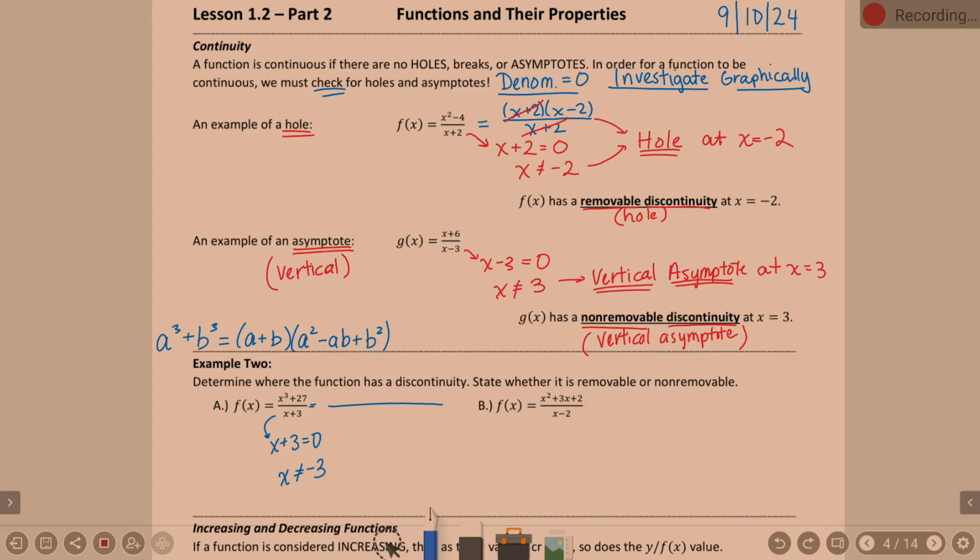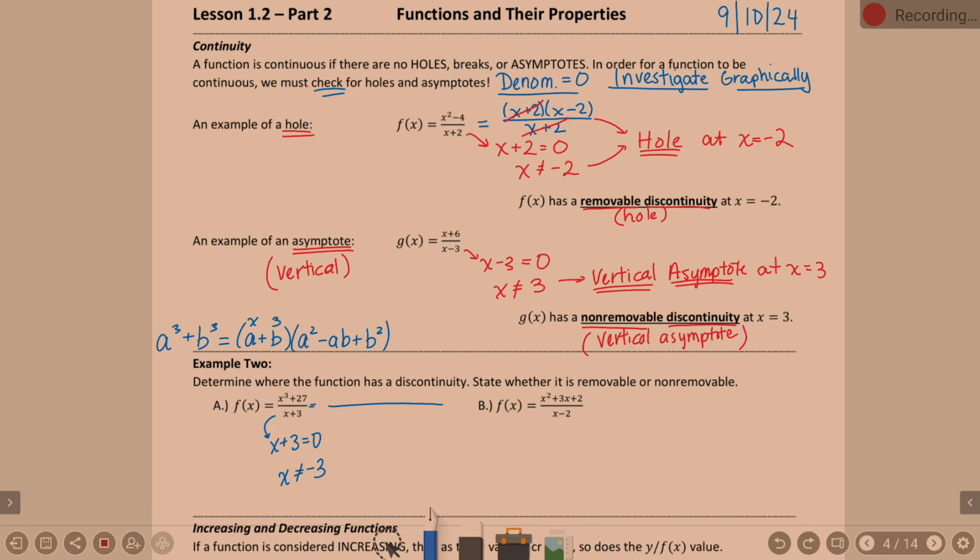Now I'm going to walk you through that, obviously, but that's the formula. So first of all, what is the cube root of x cubed? The cube root of x cubed is x, yes? What's the cube root of 27? 3.